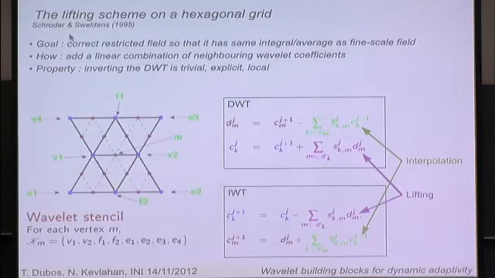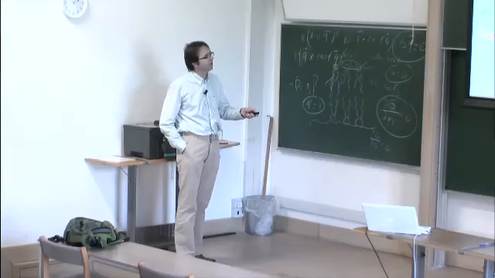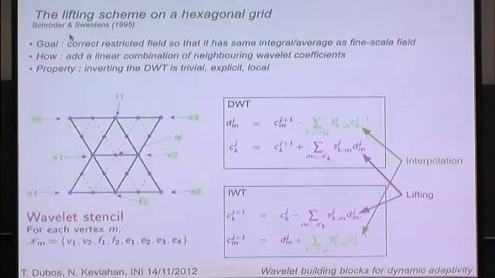And you do the algebra and find what this coefficient must be to conserve the total mass. And to invert this transform, I just shift this on the left hand side and that on the left hand side, and I got an explicit inverse, which is just I first subtract my linear combination of wavelet coefficients to get the fine scale values at coarse hexagons, and then I use my interpolation formula plus detail to obtain the fine values at new hexagons.